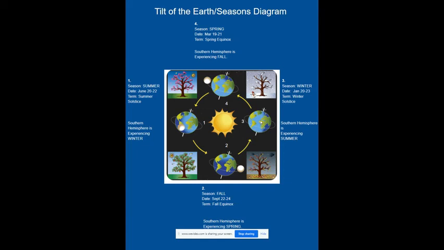Then after the winter solstice, our days begin to increase again in length as we move into spring. And then again at the spring equinox, we are back to roughly equal daylight and nighttime hours.